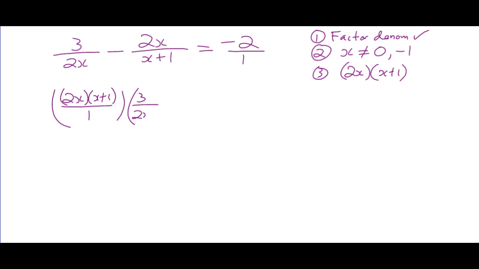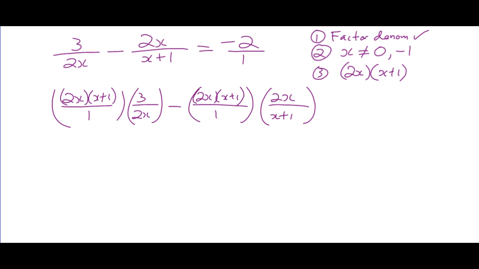Multiply that by 3 over 2x minus, and it doesn't really matter what order you do this in. 2x times x plus 1 over 1 times 2x over x plus 1 is equal to -2 over 1 times 2x times x plus 1 over 1.